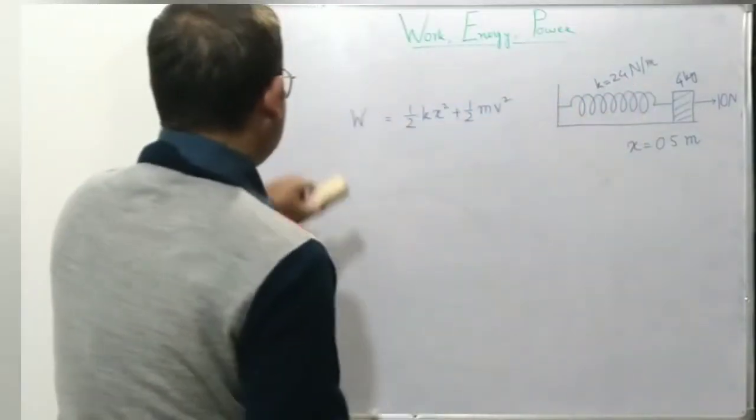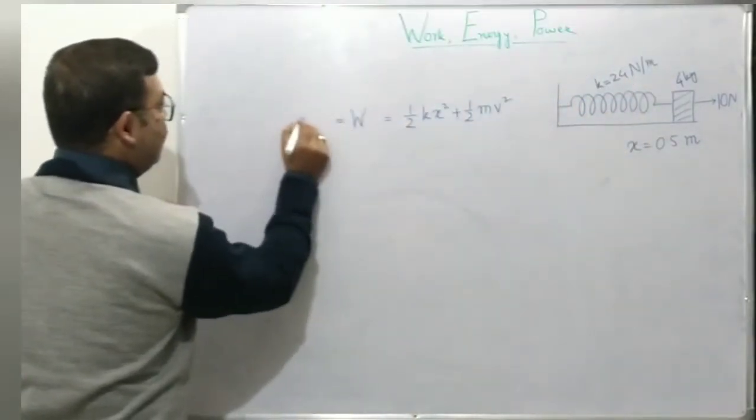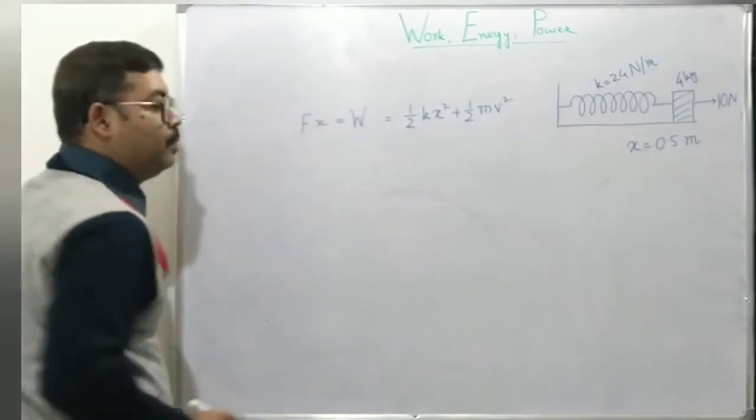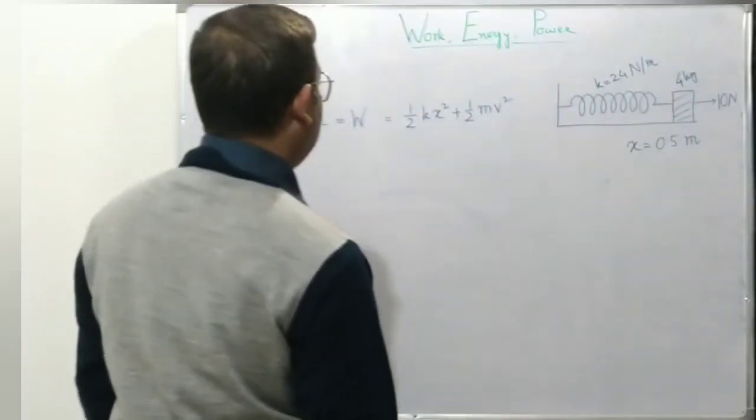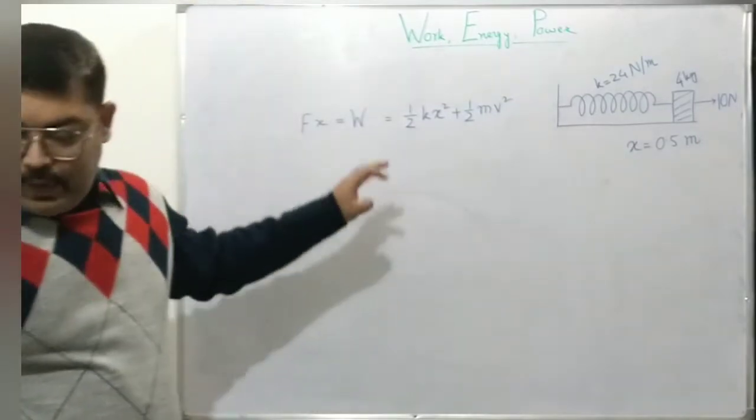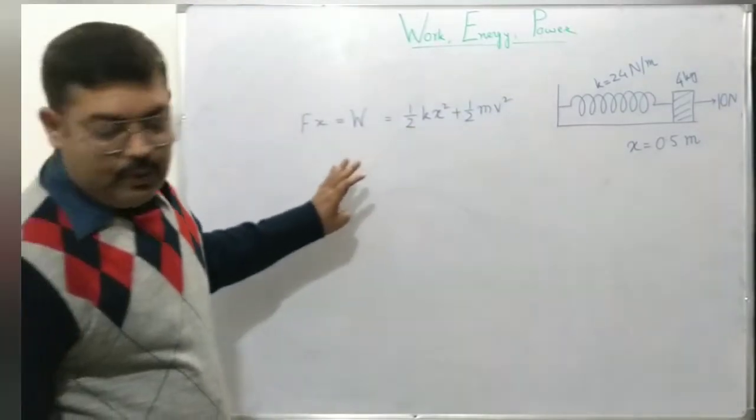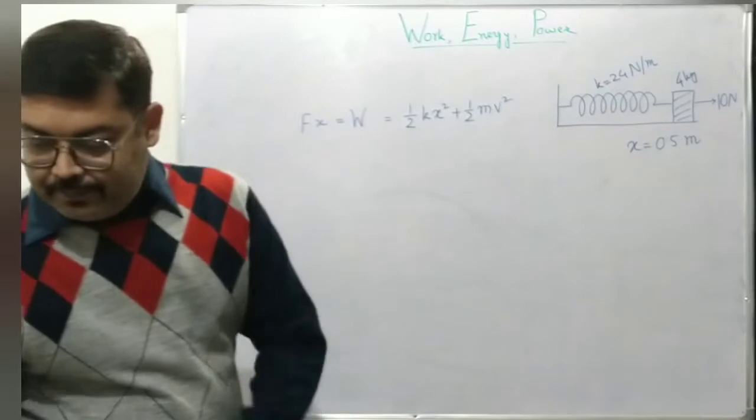Now what is the work done? This work done is simply force into extension, by definition. So if we are able to solve this problem, we will be able to reach our required velocity.